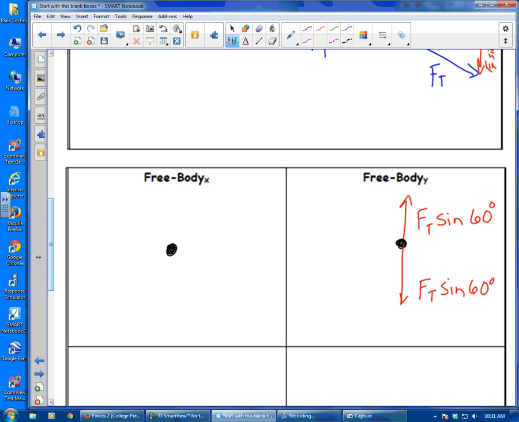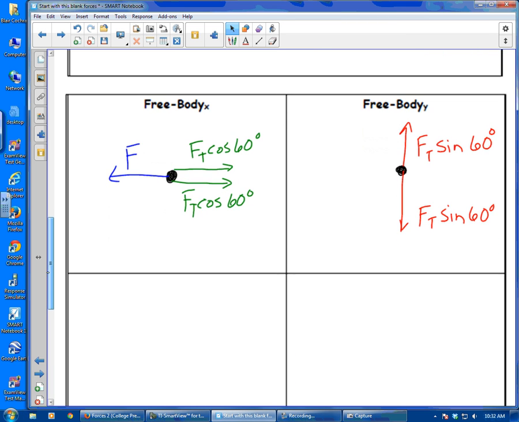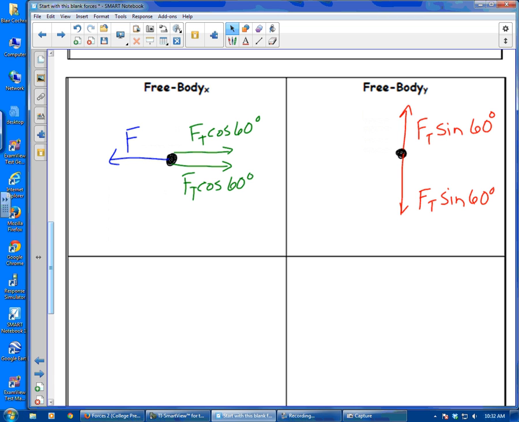In my x, I've got that force that I'm applying backwards, F, or to the left, F. And I've got the 2 forces forward, Ft cosine 60 degrees and Ft cosine 60 degrees. Now, if you draw in your slingshot up and down rather than sideways, the x and y would be swapped, which would be fine also.